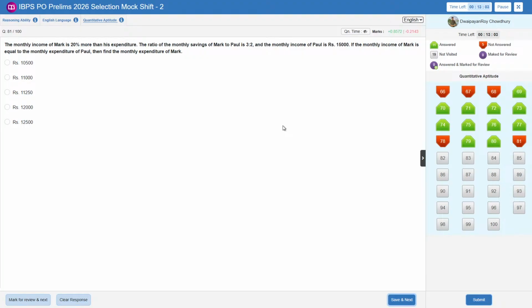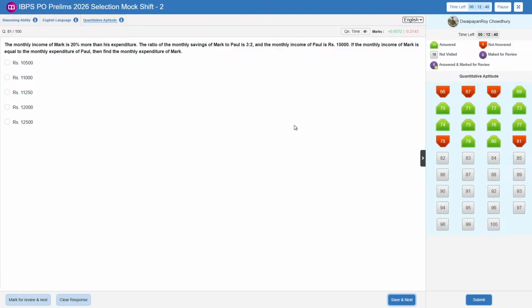Okay, monthly income of Mark is 20% more than his expenditure. Okay, so for Mark, income is 20% more. So if he expends 5, incomes 6, saves 1. The ratio of monthly saving of Mark to Paul, if Mark saves 3, Paul saves 2.